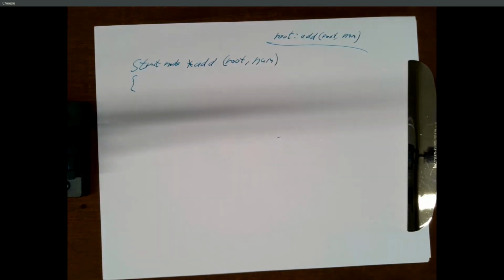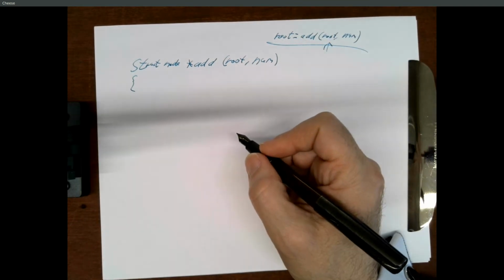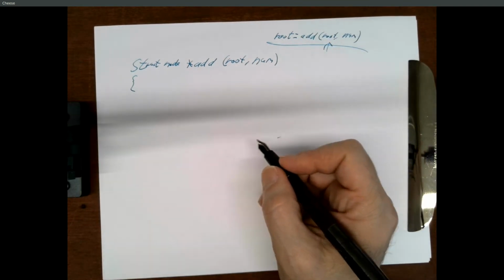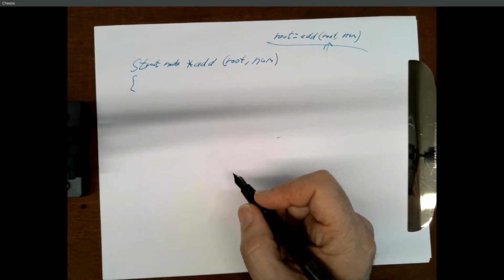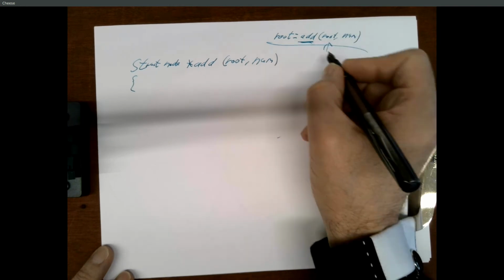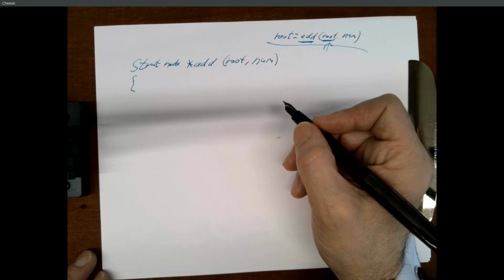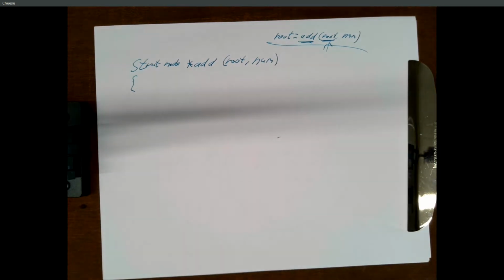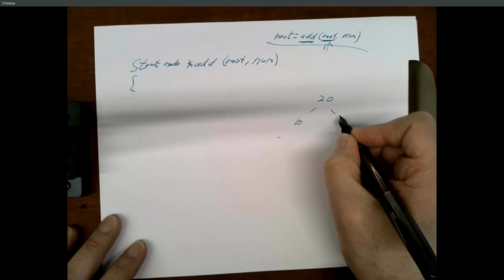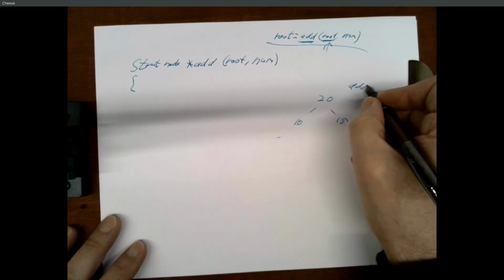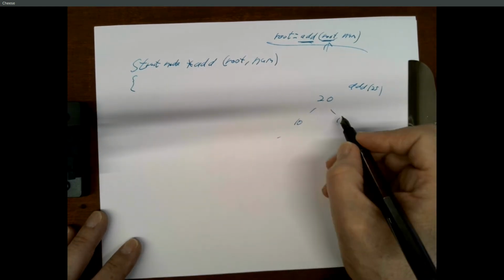Okay, the only time that this matters is if our original tree is null. In that case, we're moving from a null tree to a tree containing one root, one node, okay? And in that case, the return value from this is going to be different from the root value that you passed in, because you passed in null, and now the root is whatever your first node is. But once we have a tree, you know, we've got a 20 and a 10 and a 15, and if you want to add a 25, right, it's going to start here, it's going to move to the right.